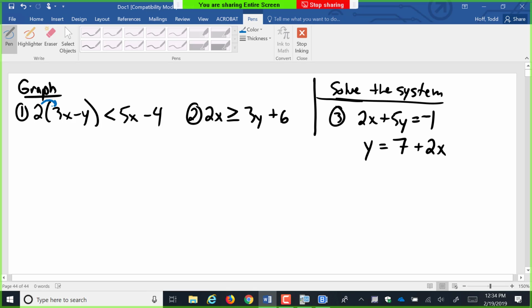Distribute the 2. There we go. So we got 2 times 3x is 6x, and then we got 2 times negative 4 is... Or sorry, 2 times y.